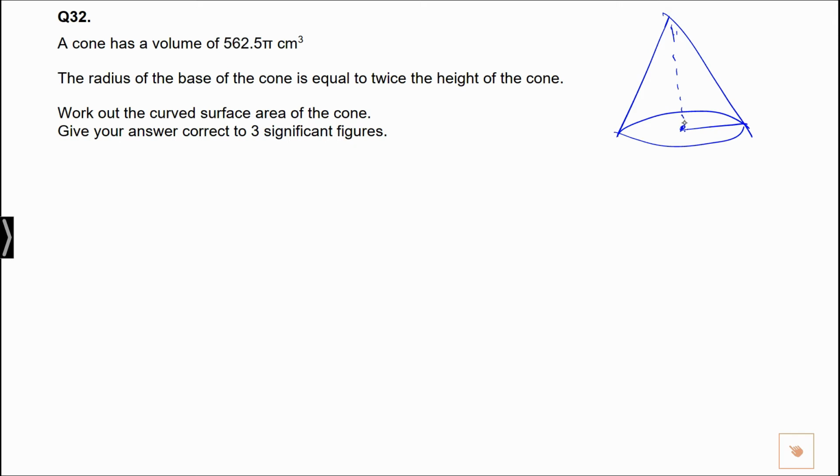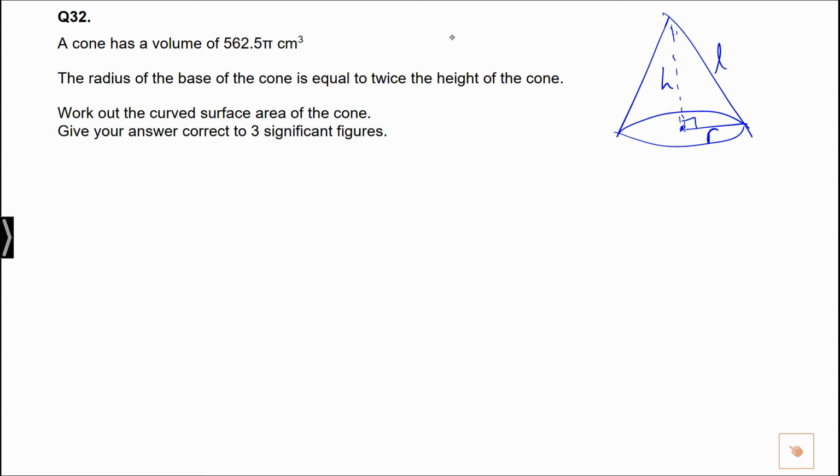Here we have r, here we have h, and we have the slant height. So the relationship that we have in this question is that the radius of the base is twice the height of the cone.